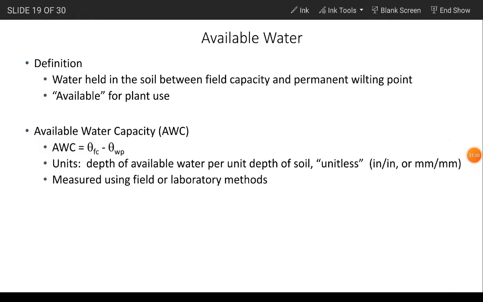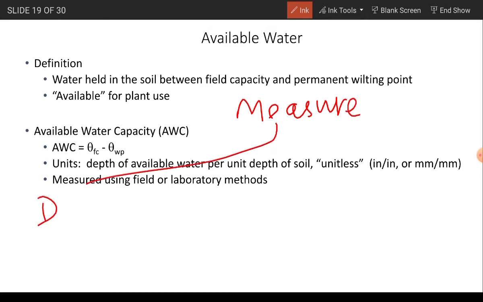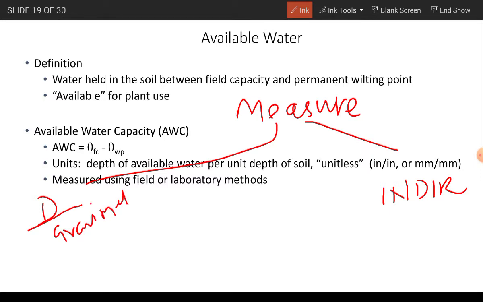Measurement of soil moisture. There are two ways: one is direct and another is indirect method. For the direct method, there is the gravimetric method, by drying the soil at 105 degrees Celsius.